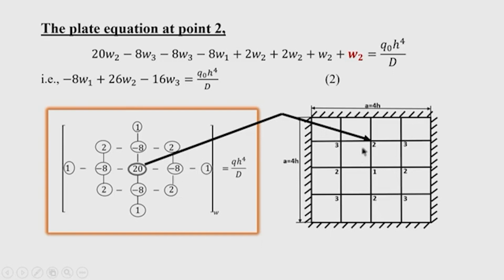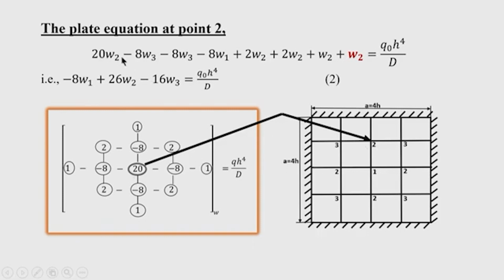But now, you can see minus 8 is falling here, but another point is falling on the imaginary point. If you see at the same distance here, the imaginary point deflection will be equal to the deflection of node 2, because of the condition that we have derived. Therefore, one imaginary point deflection I have written in red color so that you can understand it, and other values are easily written.